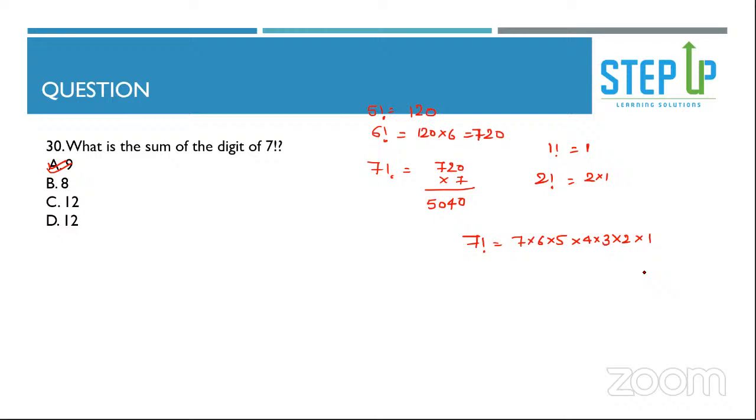Just multiply all this. 1 into 2, 2 into 3, 6, 6 into 4, 24, 24 into 5, 120, 120 into 6, 720, 720 into 7 is 5040. I'm sorry, I assumed you might know the value of 5 factorial. You can multiply from the forward direction also, but the multiplication will be larger. Do it this way and you will get 5040. I hope it is clear now.